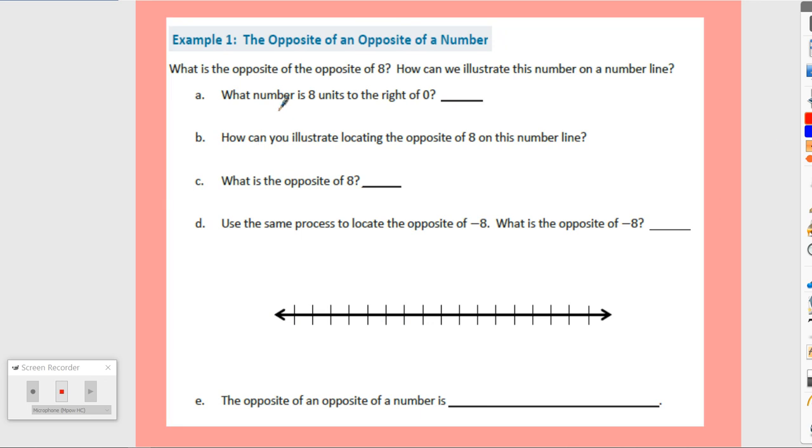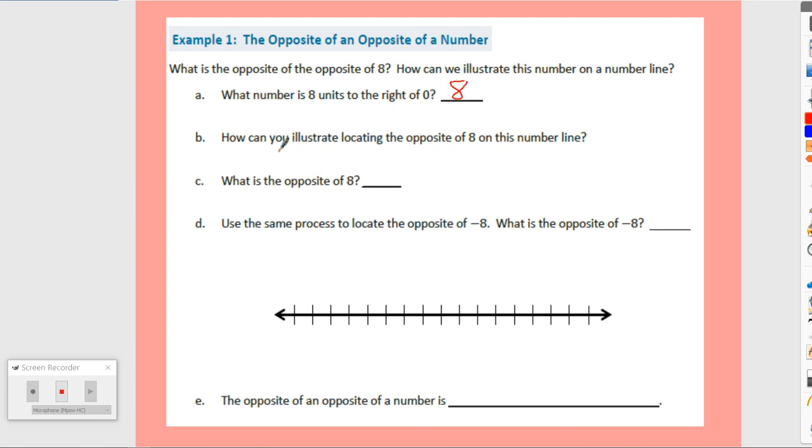Now, the next example says, what is the opposite of the opposite of 8? And how can we illustrate this number on a number line? Well, what number is 8 units to the right of 0? Perfect. So it is 8, right?